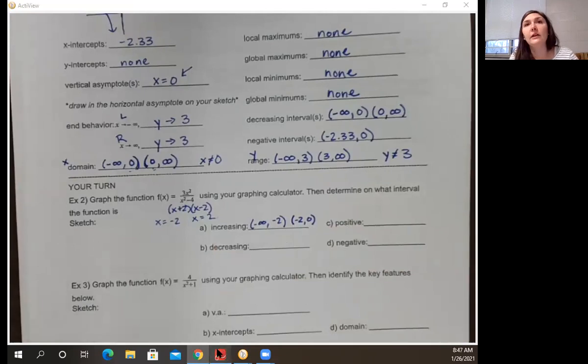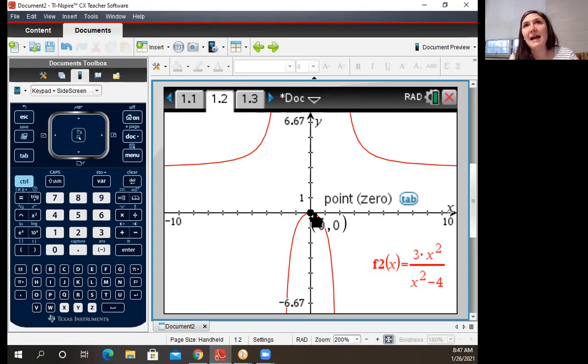Now, let's take a look at our decreasing portions. After I turn the corner, I'm decreasing. So I have a decreasing interval from when x is 0 until my asymptote here, which we know happens at +2. And then I'm on this last portion of my graph. So here's where x is +2.